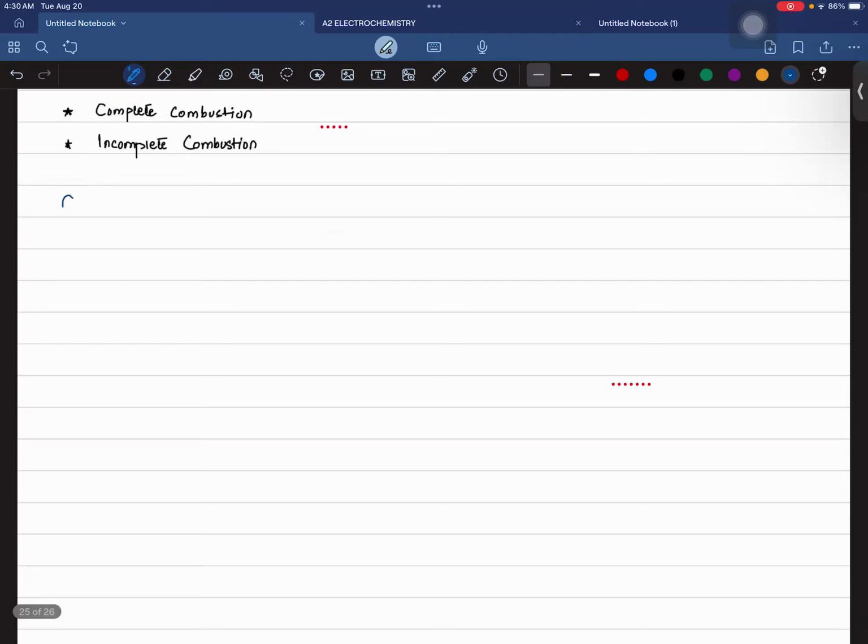First one is complete combustion. It means when there is excess of oxygen, a plentiful supply of oxygen.